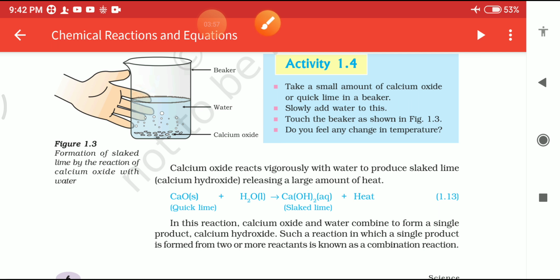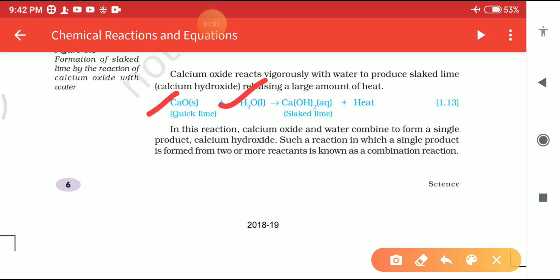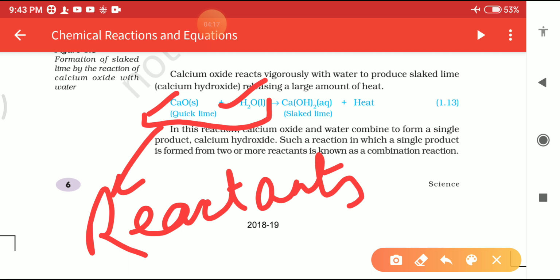Now students, you will see here in this reaction we take two substances, calcium oxide and water. These two substances are called the reactants. When these two substances combine together, they give rise to a new product, calcium hydroxide, another name of which is slaked lime, and it releases a large amount of heat.